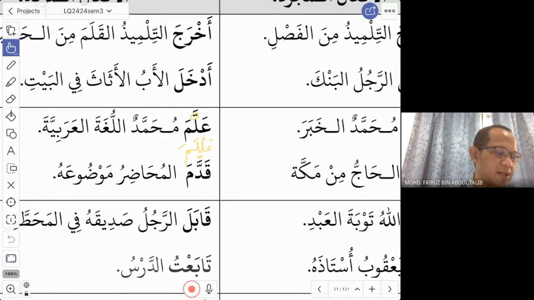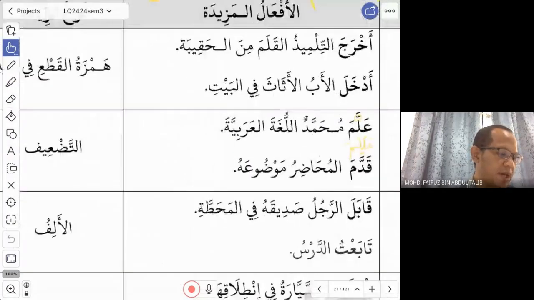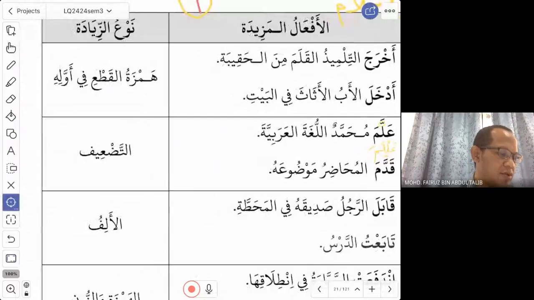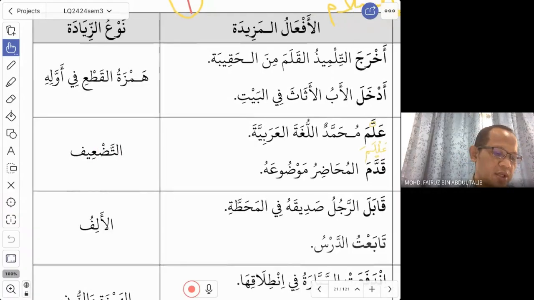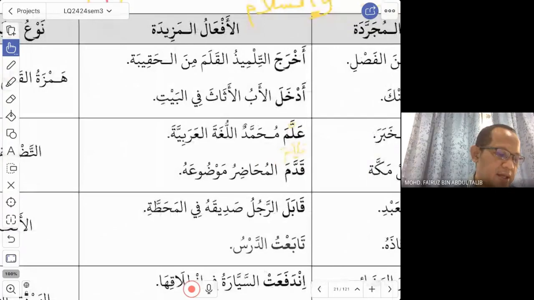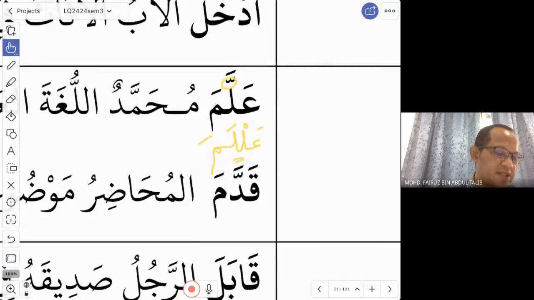So what do you add to the fi'l allama? If you look at the nau' ziyada, what we add here is at-tad'if. What is tad'if? At-tad'if is where you double the letter. So as we mentioned just now, the original fi'l is just ain, lam, mim, but now we double this lam.